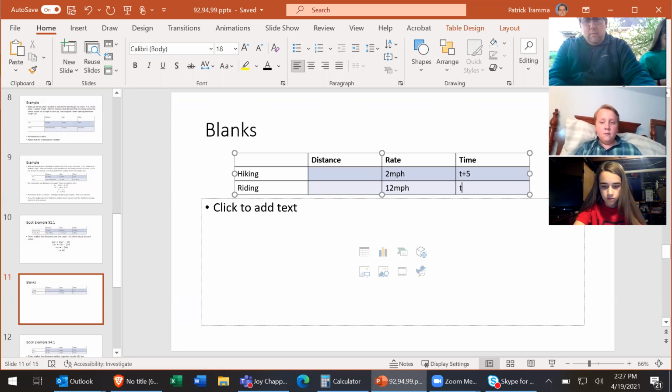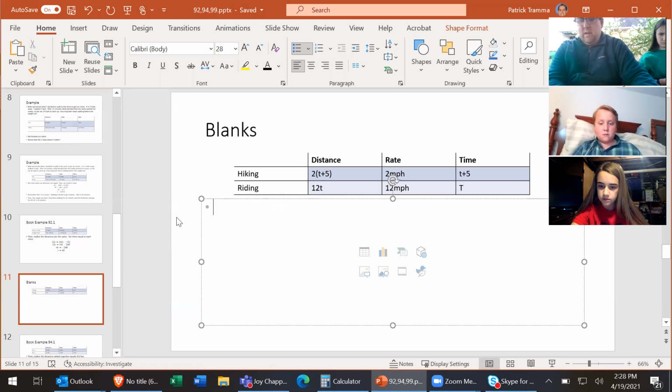We're good. Now multiply. So that is 12T, and that is 2 times the quantity T plus 5. Right? We're good? Everybody follow that? Again, making the table makes this easy.